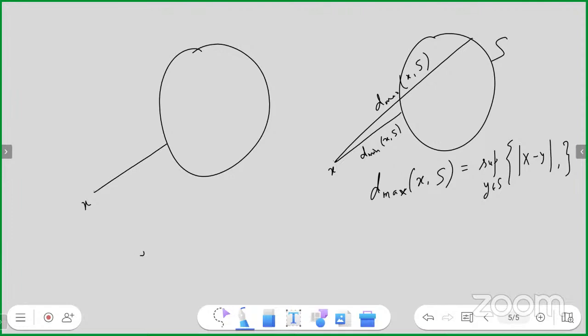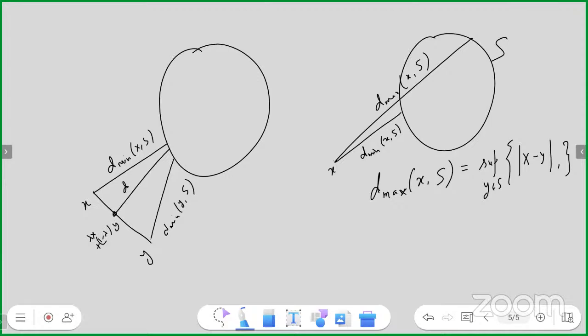Your point y, it goes here. So this is your d min of x comma S. This is d min of y comma S. Look at this line, and the point goes somewhere here. Let's call this lambda x plus 1 minus lambda y.